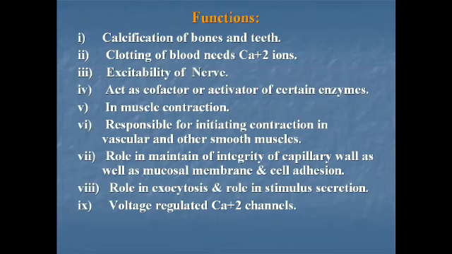Number 9. Voltage regulated calcium channels. Calcium ions exert profound effects on excitable tissues, that is, cardiac and smooth muscles and nerve cells. Calcium ion entry into these cells is regulated by changes in their membrane voltage or potential.